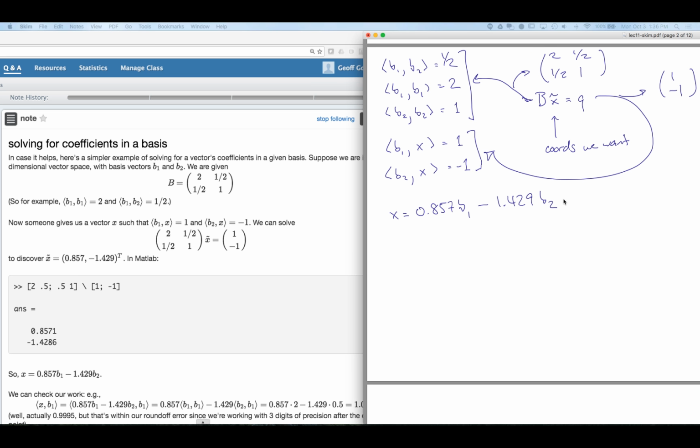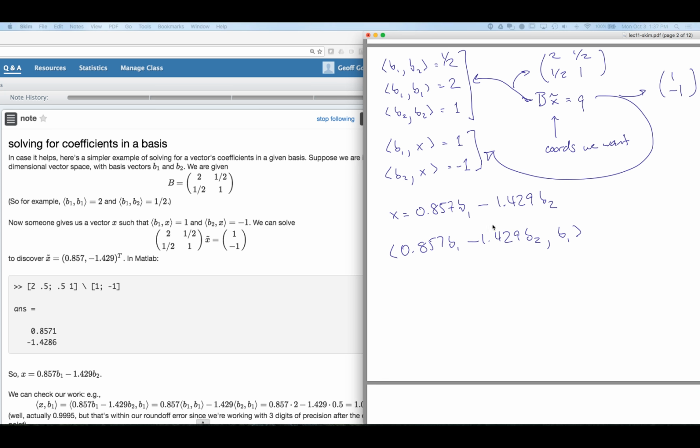And you might want to check your work, and if you want to check your work, you can, for example, compute the dot product between x and b1, right? So we know that's supposed to get 1, and so the inner product between x and b1 is 0.857 b1 minus 1.429 b2 inner b1. Sorry, I should be saying inner instead of dot.